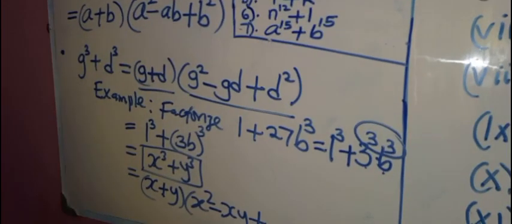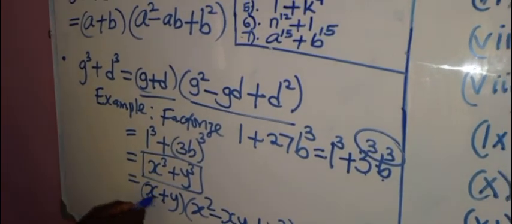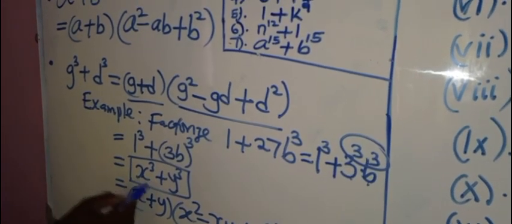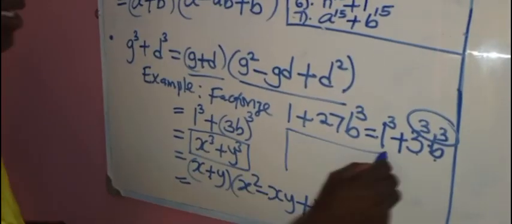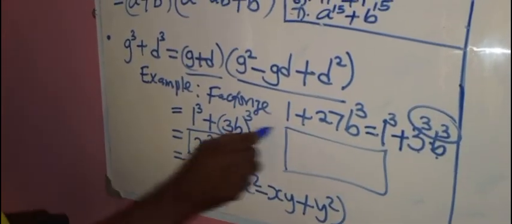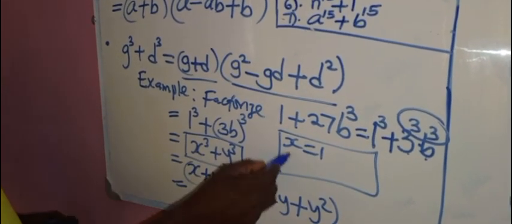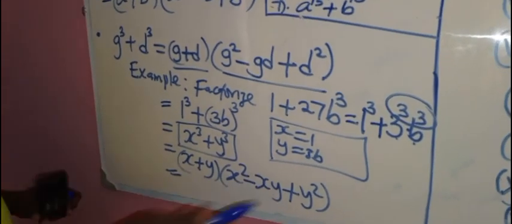Don't forget that. Then you pick y and square it. So it gives you one linear, one quadratic. Now, here, if you look at this, you can see that x is 1. Can you see that? Then y is 3b.